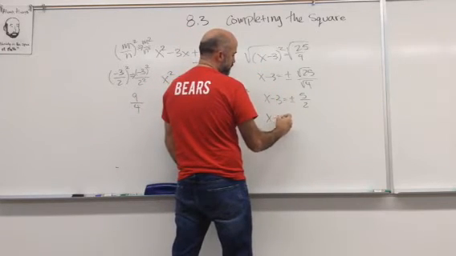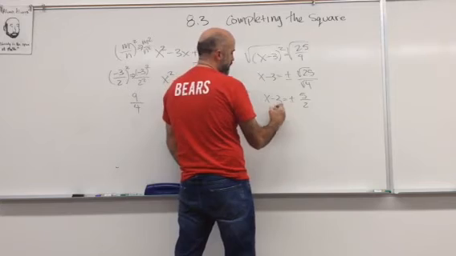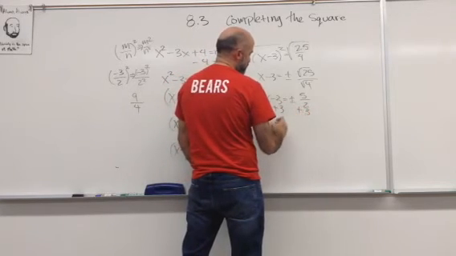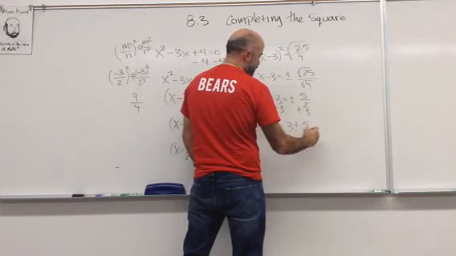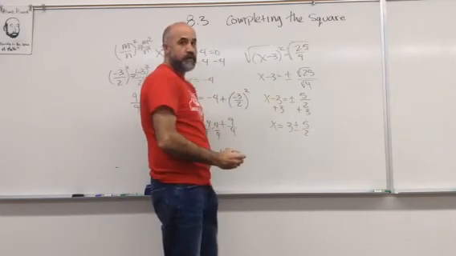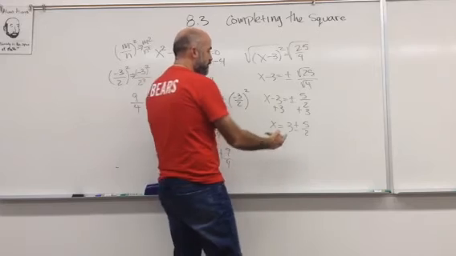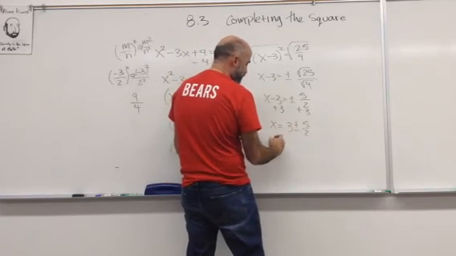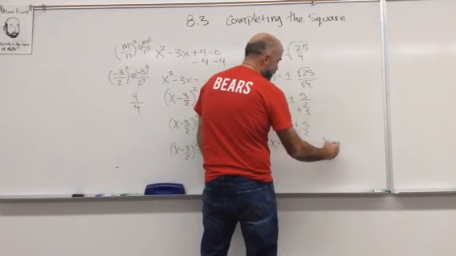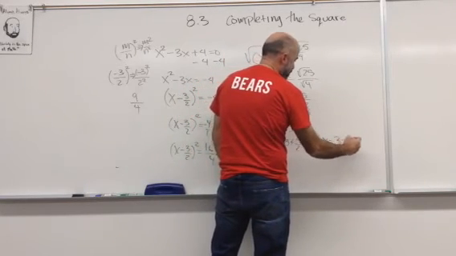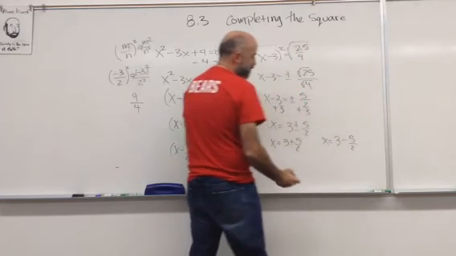x minus 3/2, let's add 3/2 to both sides. x equals 3/2 plus or minus 5/2. So we can break this up to x equals 3/2 plus 5/2, and x equals 3/2 minus 5/2. Again, we need a common denominator.